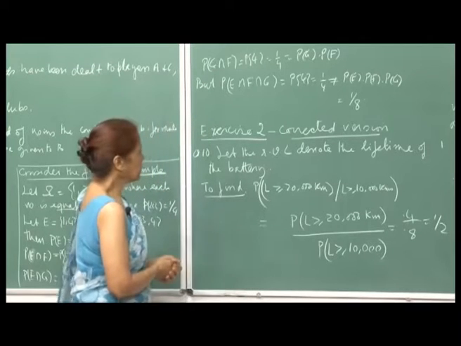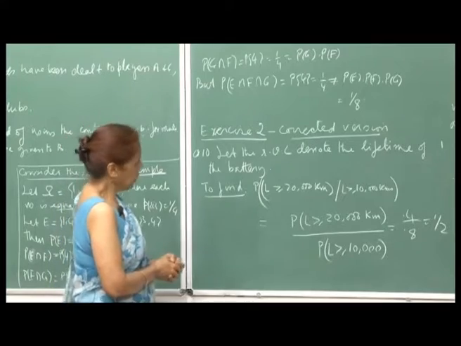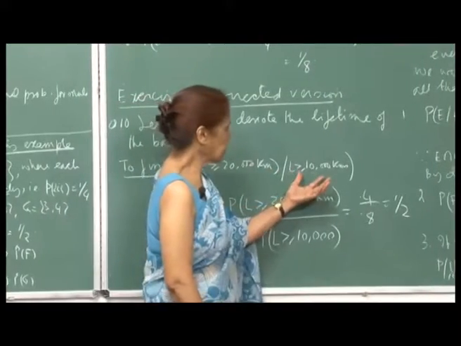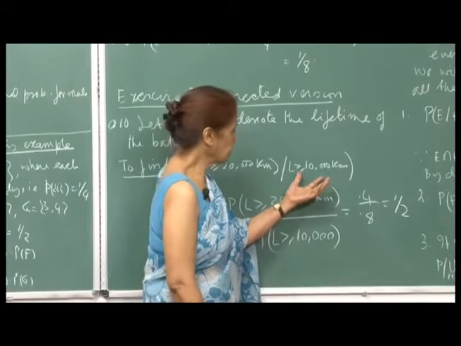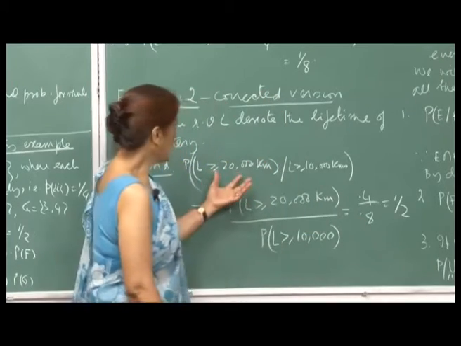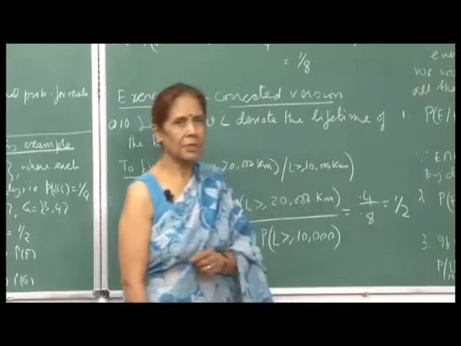So, actually you were given the data that a battery has a lifetime. The probability that the battery will last for more than or equal to 10,000 kilometers is given to be 0.8, and the probability of more than or equal to 20,000 kilometers was given as 0.4.